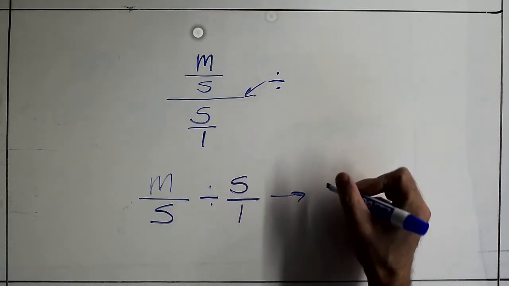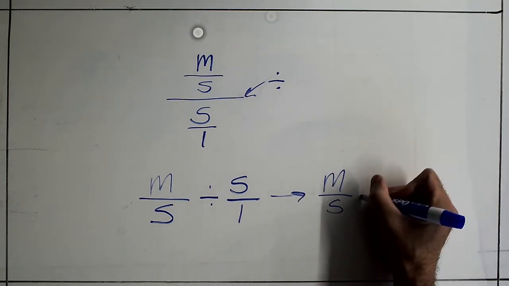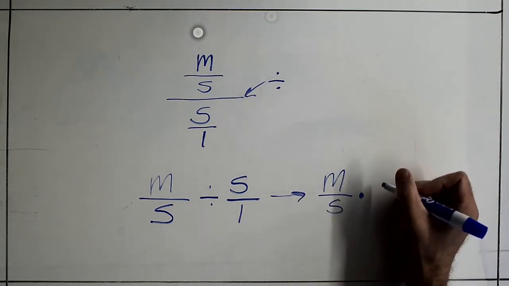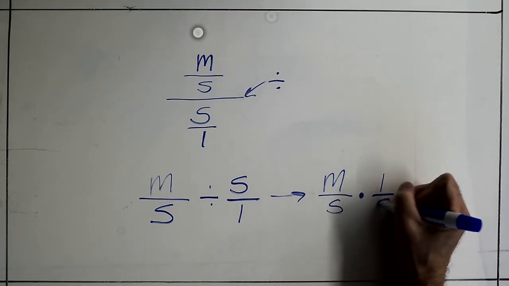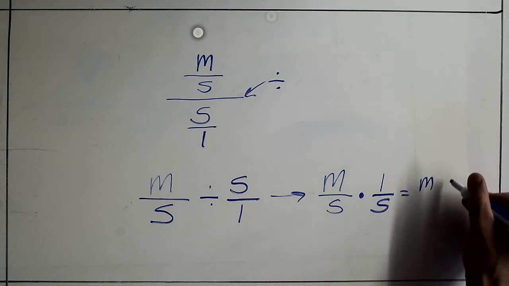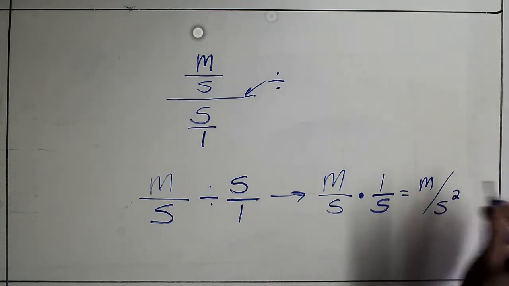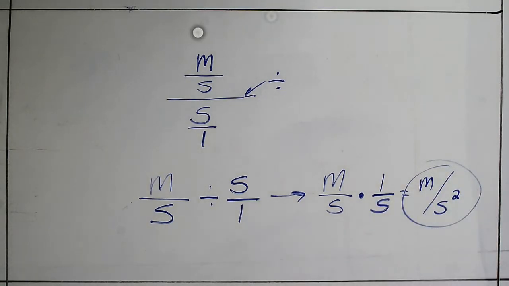So I'm going to do that. I'm going to go meters per second, and then I multiply it, so multiplied by 1 over S. And when I do that, what I get is meters per second multiplied by itself squared. And that's why the unit is written meters per second squared.